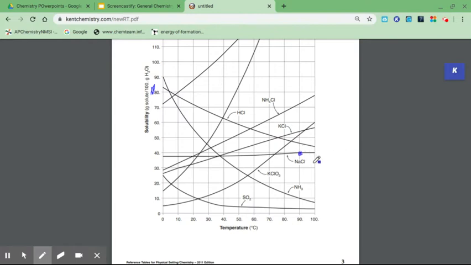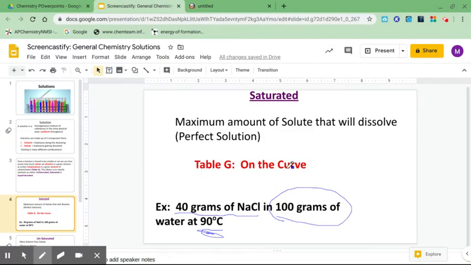And notice that the point that we got is 40 grams of NaCl at 90. Notice that my point is exactly on the curve. So if it's on the curve, it has to be saturated. Okay? So again, saturated means whatever I look up on Table G is going to be exactly on the curve.